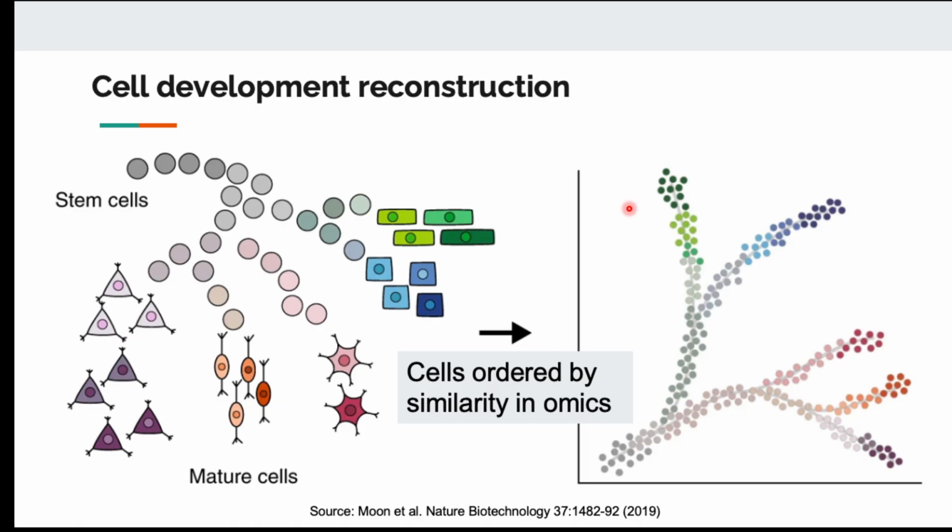But with single cell techniques, people found that in our tissues, not all the cells are differentiated. Sometimes you have fully differentiated cells, sometimes partially differentiated cells, and sometimes there's still a small population of stem cells in the sample.